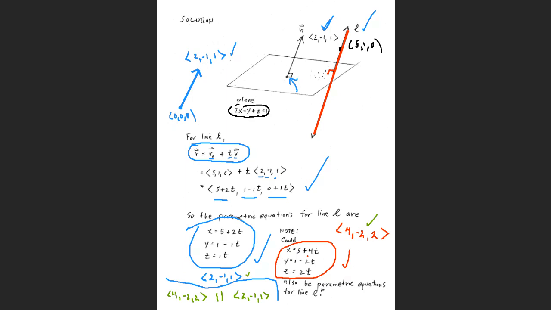So both of those parametric equations describe a line that passes through the point (5, 1, 0) and goes in the direction of the vector (2, -1, 1). Whether you say the line is parallel to (2, -1, 1) or to (4, -2, 2), those two lines are the same line. That's what I'm saying.